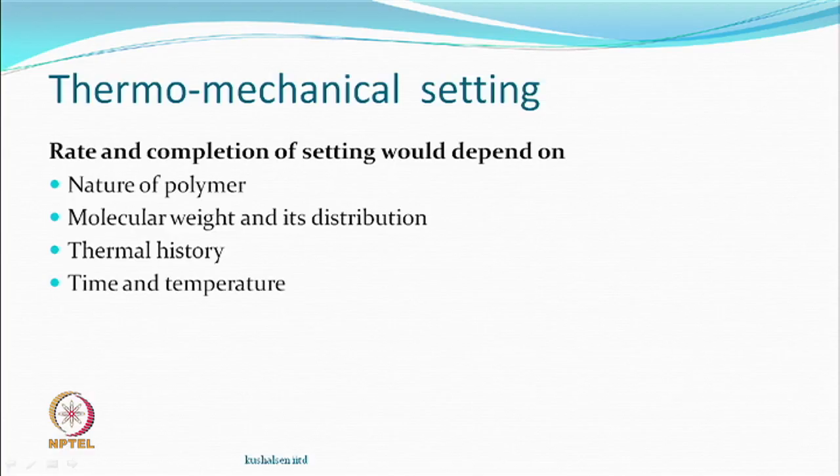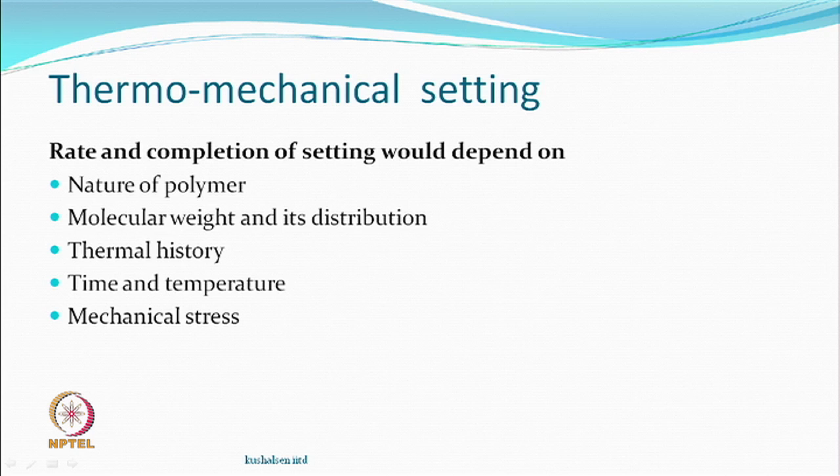Those types of temperatures are the ones which are going to be used. We will talk about it later. And time is important, as we said, that unless the molecules are able to go to the best configuration which they like spontaneously based on thermodynamic conditions, this will not happen. So, time and temperature are going to be very important.